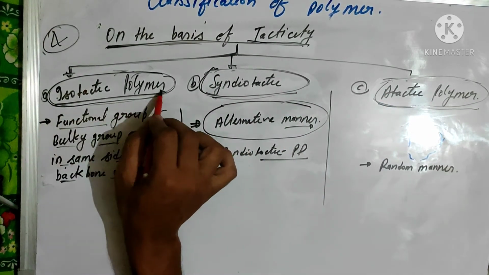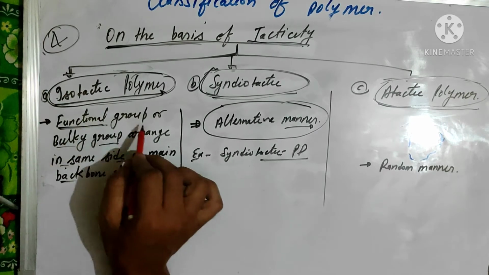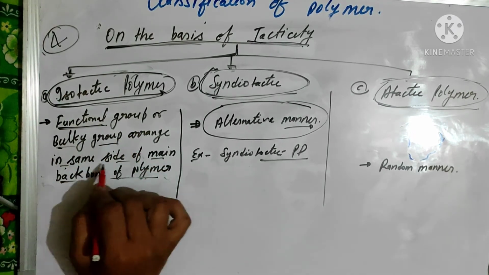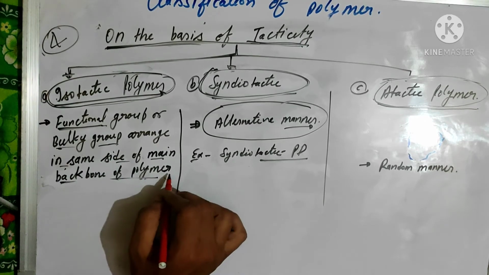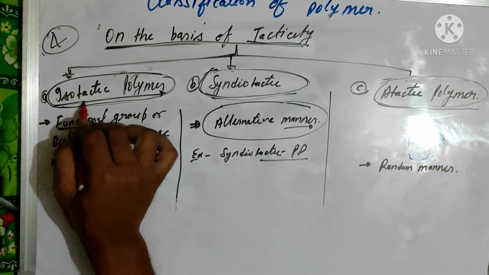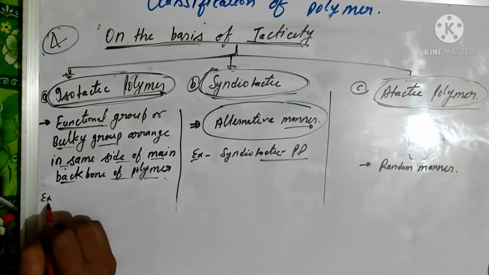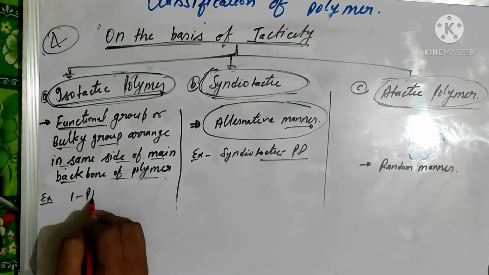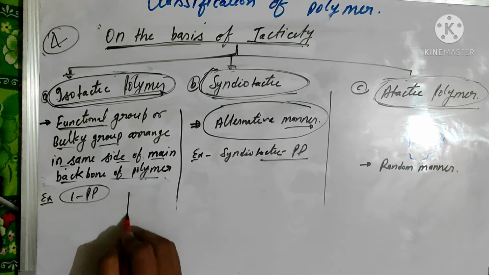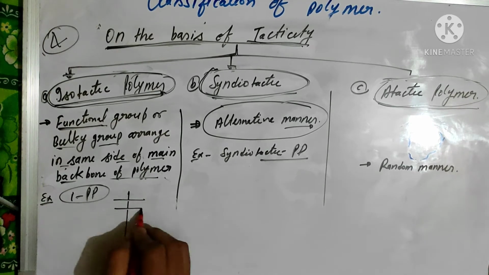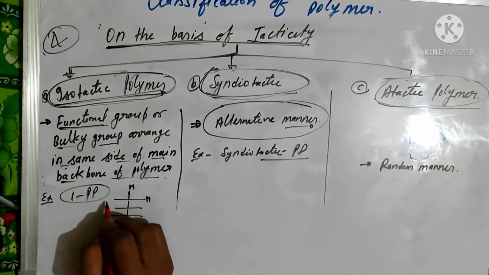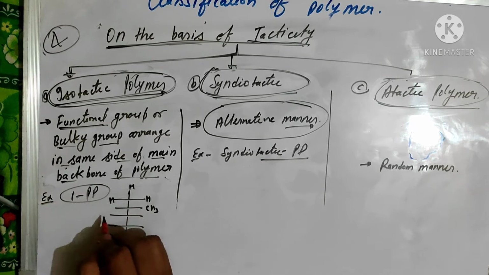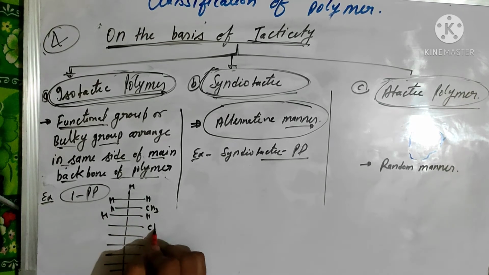In isotactic polymer, when the functional group or bulky side group is arranged on the same side of the main polymeric backbone of a polymer, then that polymer is known as isotactic polymer. For example, isotactic PP. You can see the example. There is CH3, H, again CH3.